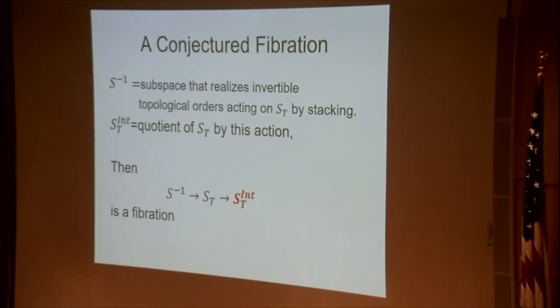So now my question is, what is the nature of this space? What's the topology? And I want to claim this is more or less a classifying space of the topological order. Okay, so that's what I want to convince you. So this basically behaves as a classifying space.